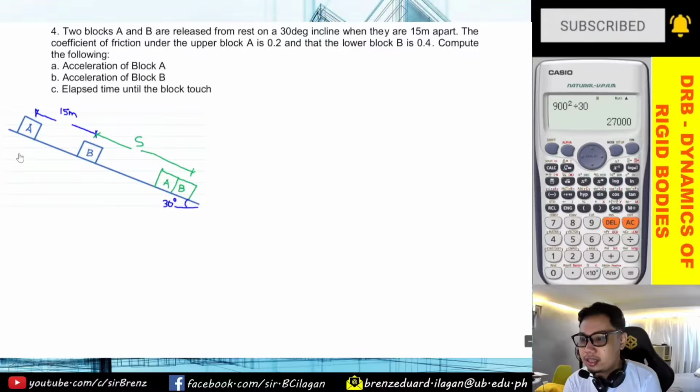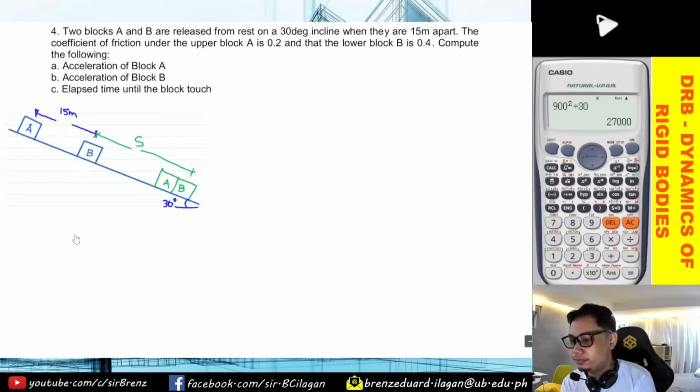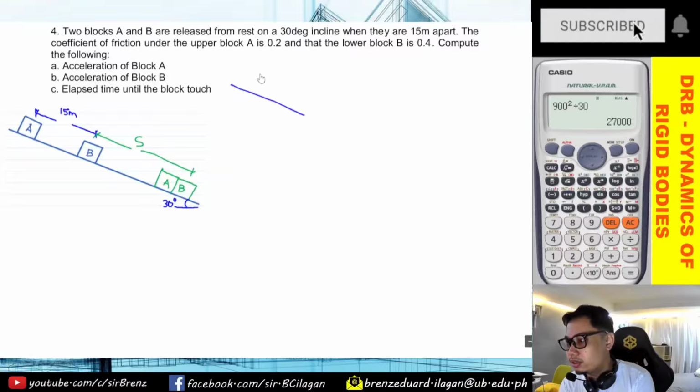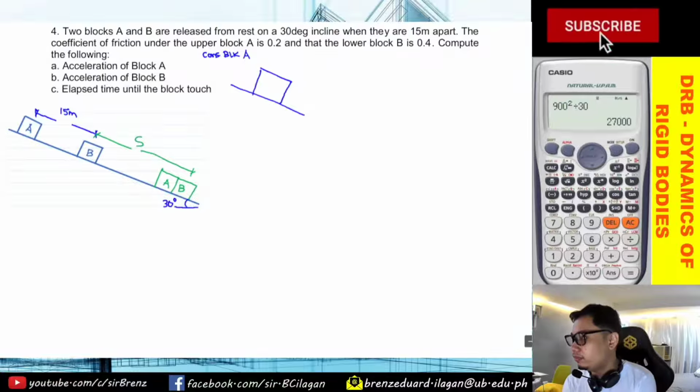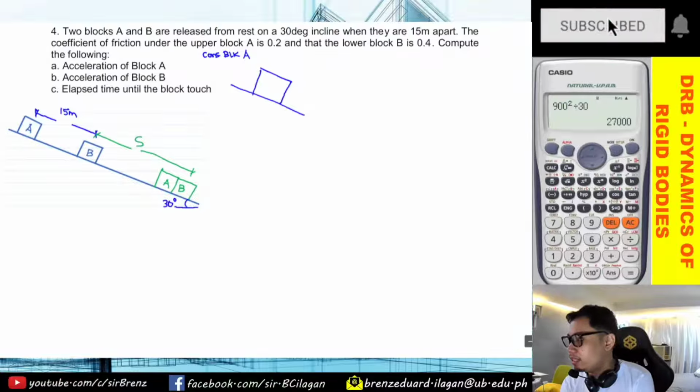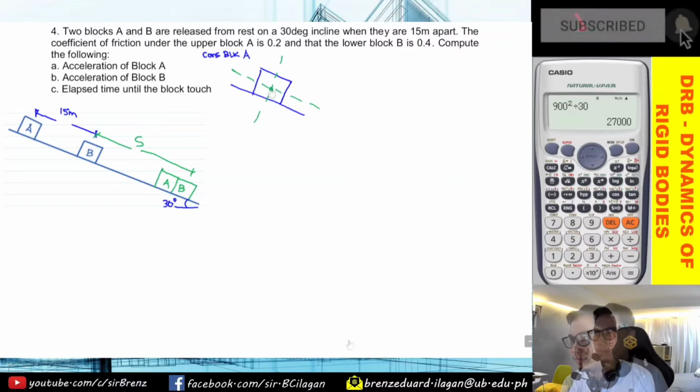Okay, so let's start first with block A. Let's enlarge this drawing, in order for us to determine the forces acting on block A. So, consider block A. I will set up a reference axis and locate the center of gravity.